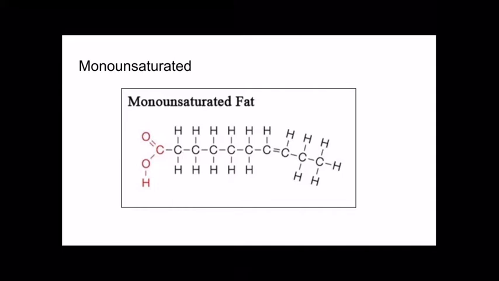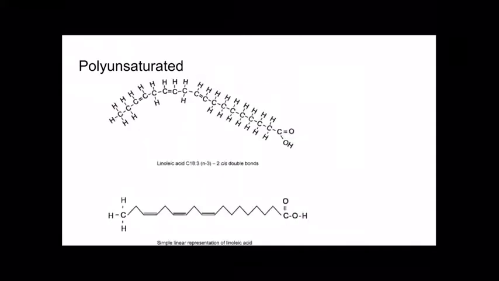That's a monounsaturated fat. The third kind is polyunsaturated. So you've probably guessed by now that similar to a monounsaturated fat, it has some place where it's not completely saturated with hydrogen, therefore it has some place where there's a double covalent bond between the carbons. But since this is called a polyunsaturated fat, there's more than one place where that's going on.